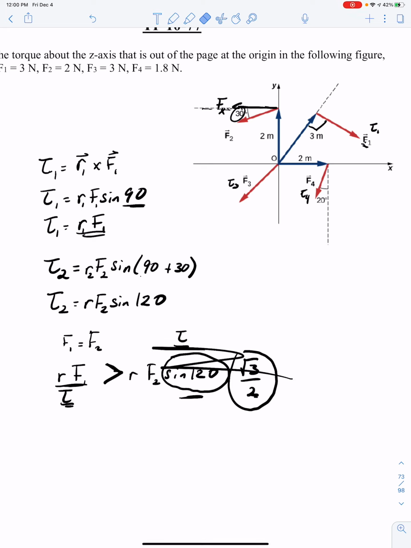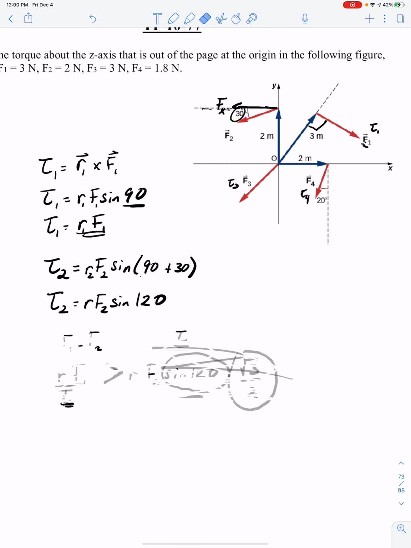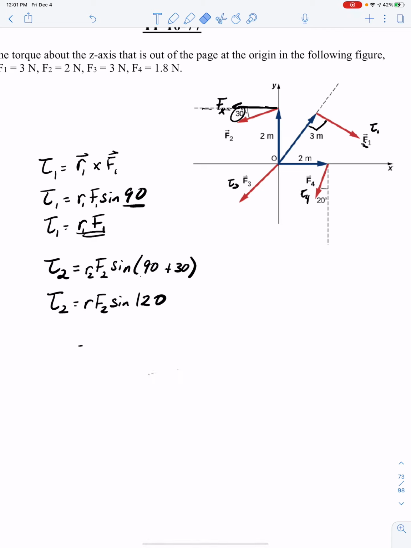Okay? Let me erase this. Okay, now let's continue with F3, torque. So in this one, it's interesting. Notice how it is coming straight to the origin.